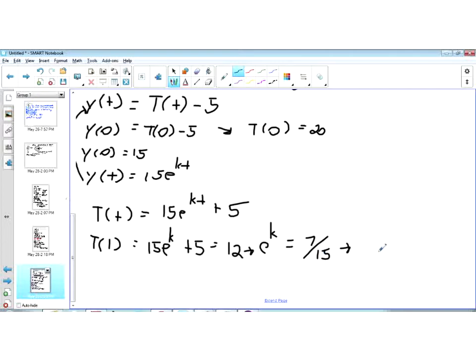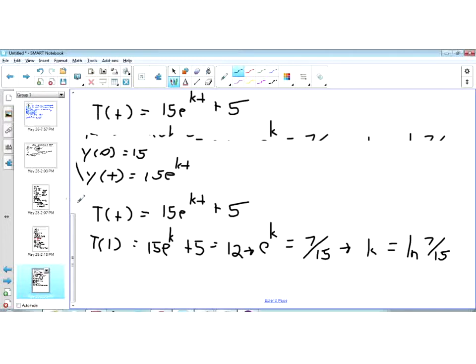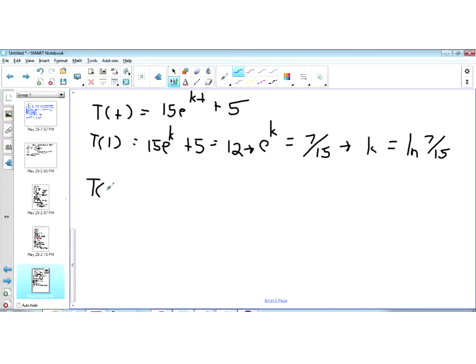Taking the natural logs of both sides, we have k equal to the natural log of 7/15. So now we have a fully fledged formula for temperature at T in terms of time. That would be 15 e to the natural log of 7/15 times T, plus 5.